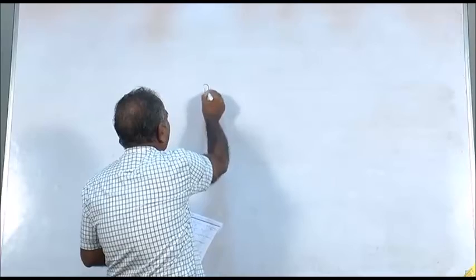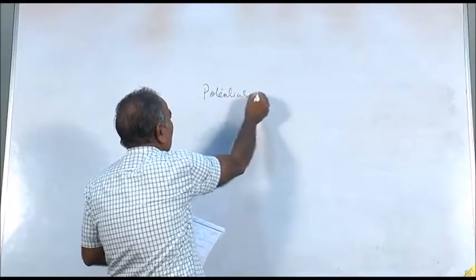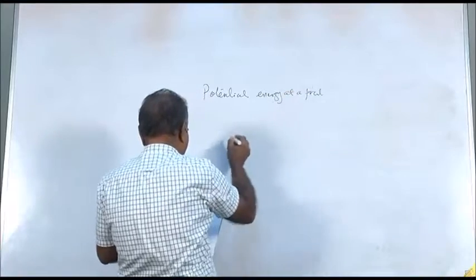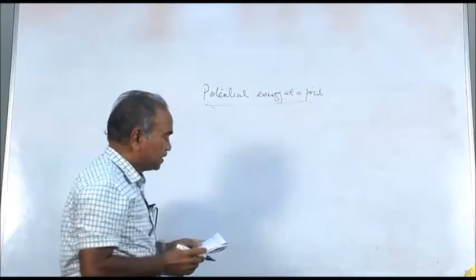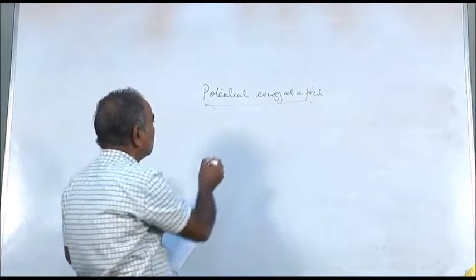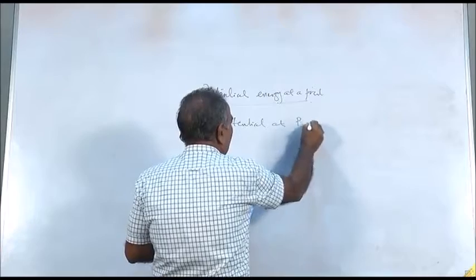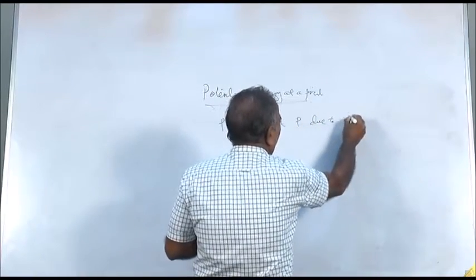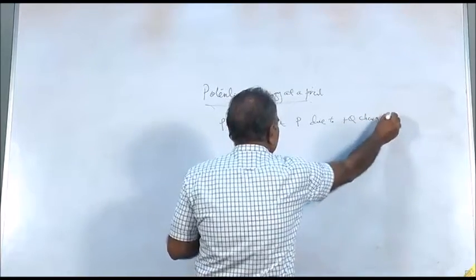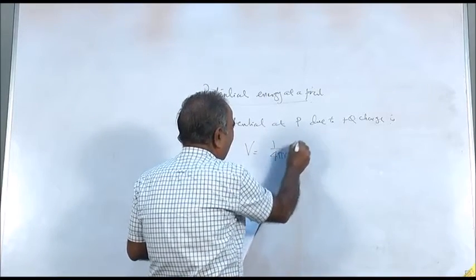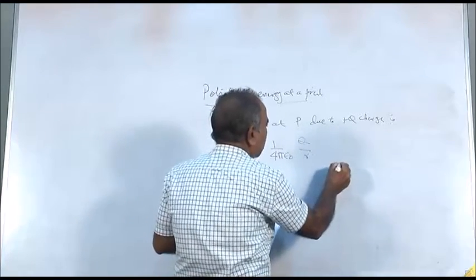So, potential energy at a point. Potential at a point P due to plus Q charge, that we have calculated, is 1 by 4 pi epsilon 0 Q by R. This is the point where plus Q charge is.